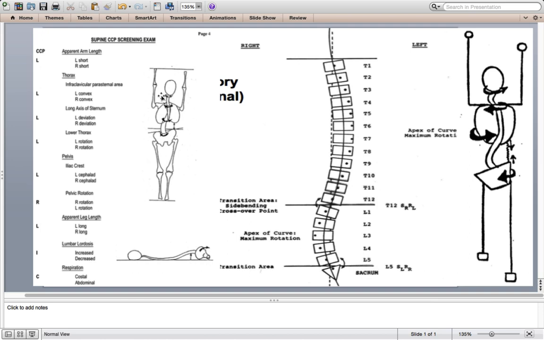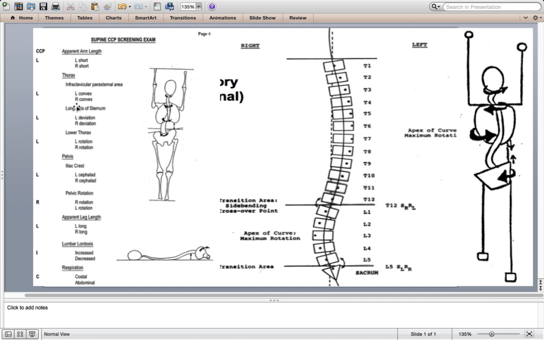it's got some residual right rotation from that cervical area. So that's going to make that, if it's rotated right, it's going to have a left convex, meaning it's more prominent on the left side in that area. Then you follow your T region that is rotated left, follows that your lower thorax is rotated to the left.